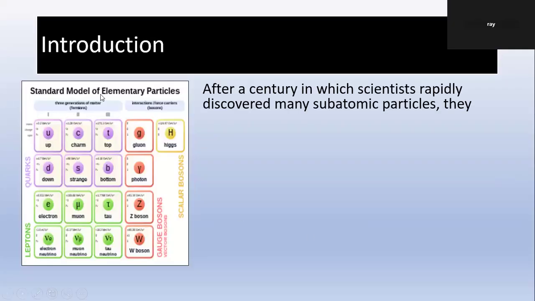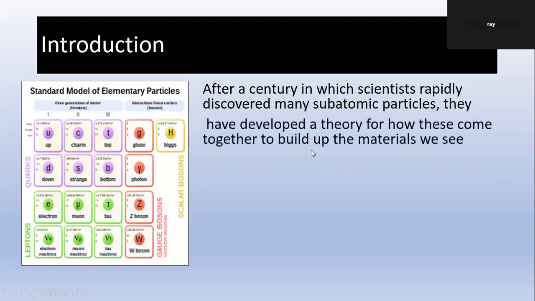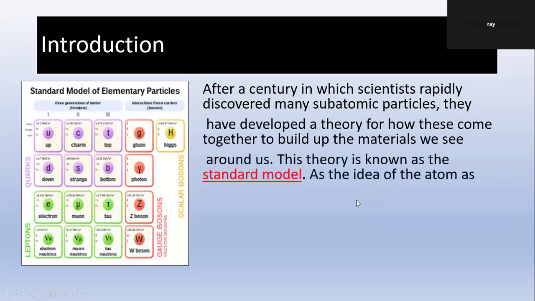That's called the standard model of elementary particles. After a century in which scientists rapidly discovered many subatomic particles, subatomic means it's below the atom, they have developed a theory for how these come together to build up the material we see around us.